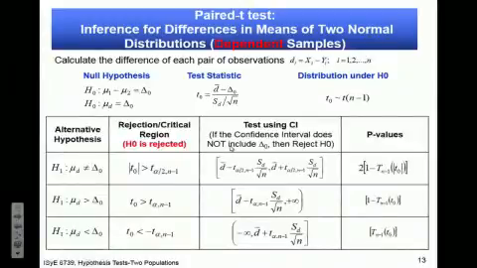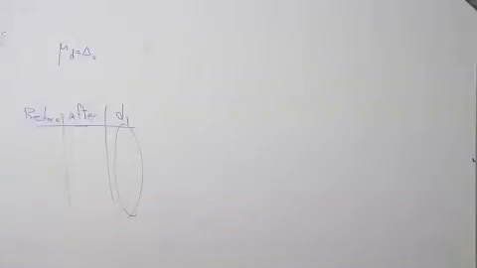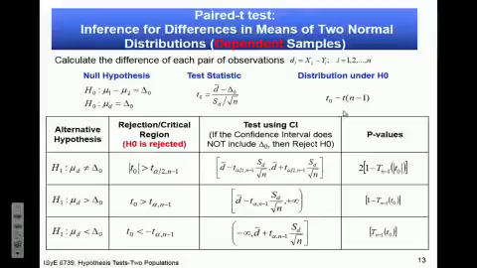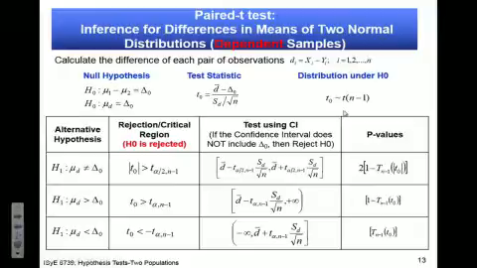So the difference is just one population, and we want to see if the mu of d is equal to some number or not. Okay? And again, that's going to be a simple t-test with n-1 degrees of freedom, and n is the number of paired samples. Any question? Is it clear?